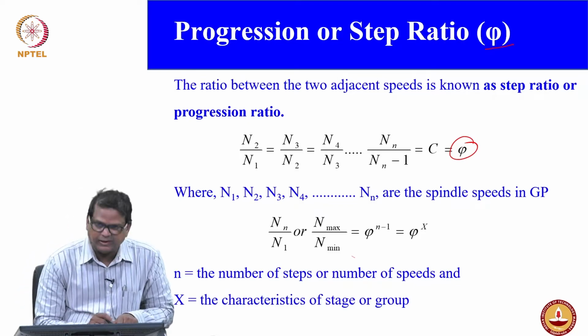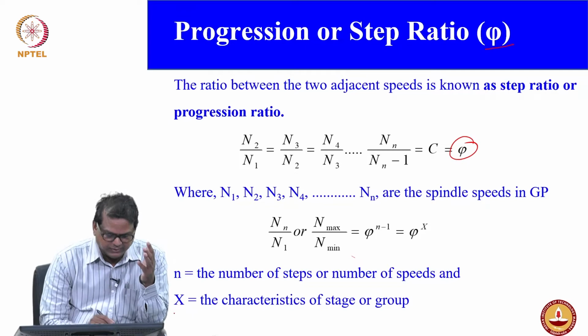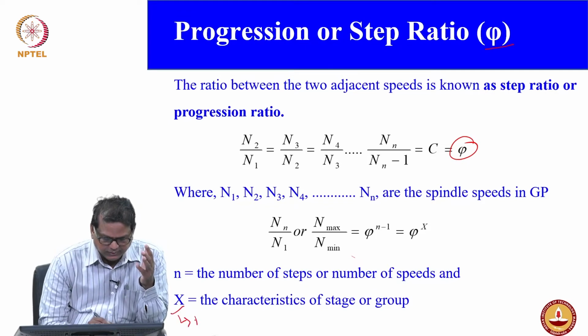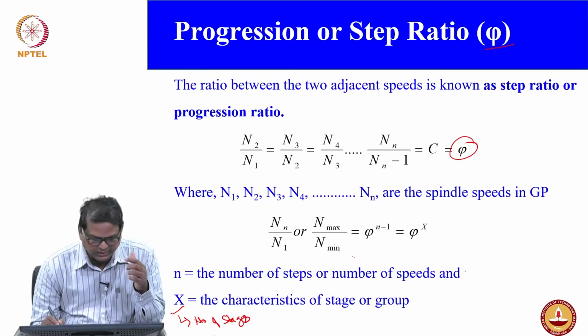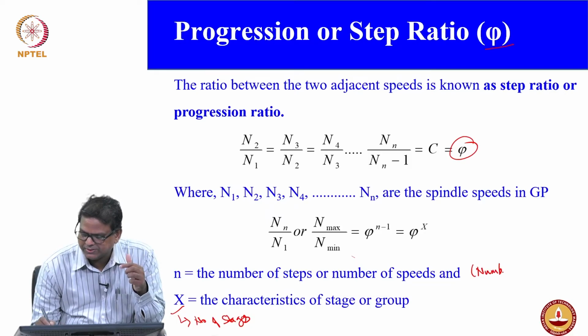So x indicates how many stages we will have in the gearbox. This is in fact the number of stages, which is different from the number of speeds, where n is the number of speeds, which is already given.